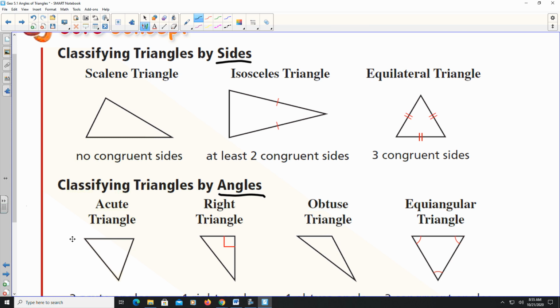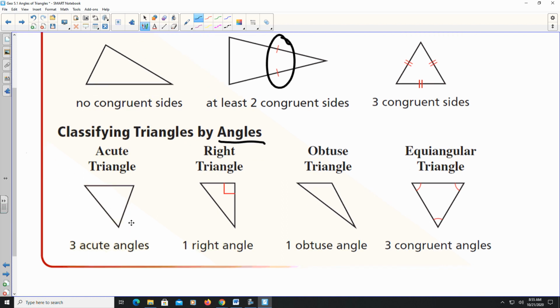You can either have a scalene triangle, which means that none of the sides are congruent. You can have an isosceles triangle where you have at least two congruent sides, and you can tell by the hash marks here and here. And then finally, you can have an equilateral triangle where all three sides are congruent.